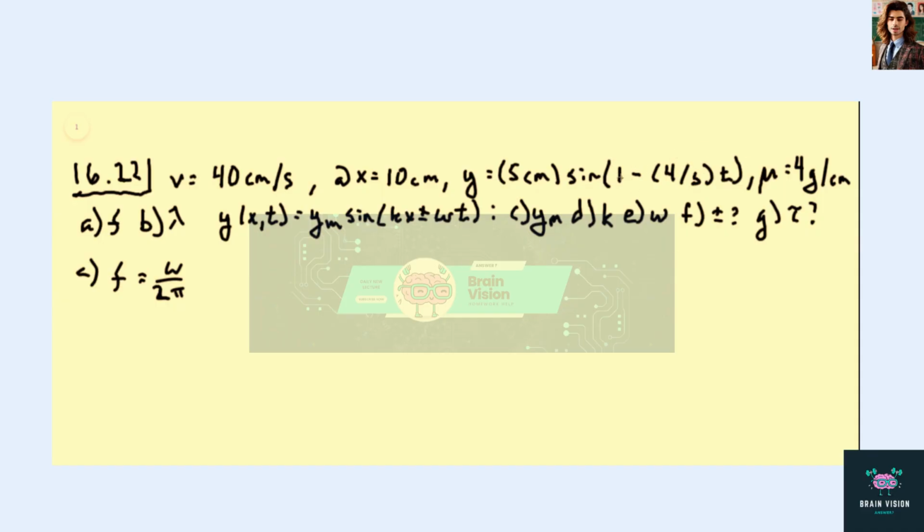The kx we'll have to think about a little bit in a moment, because we just have a 1 here. So we've got to figure out how that works, but for right now, omega is just 4 radians per second. And so the frequency that corresponds to is 0.64 hertz. So it's pretty low frequency.